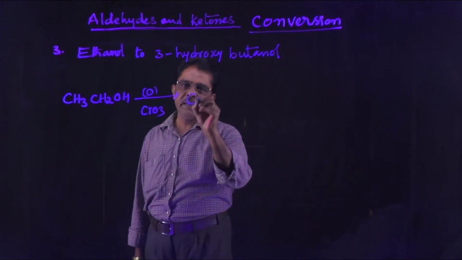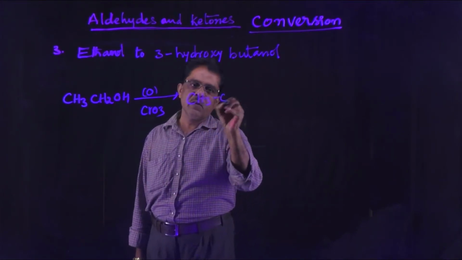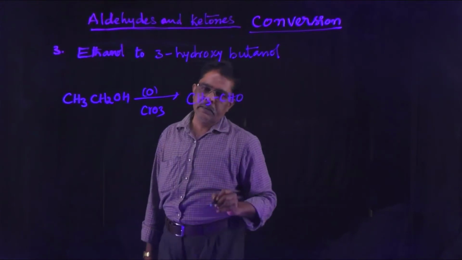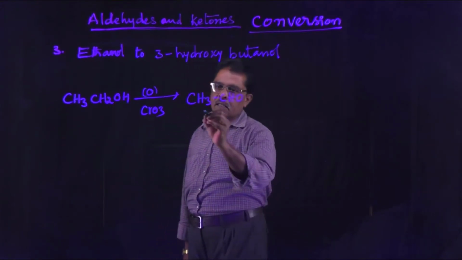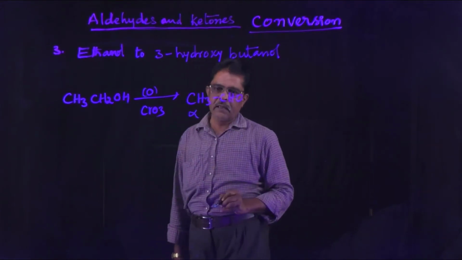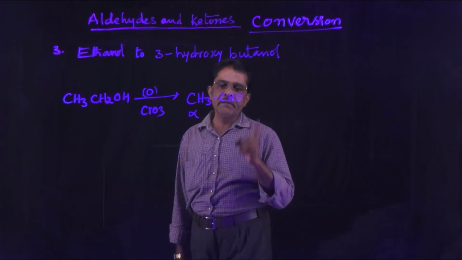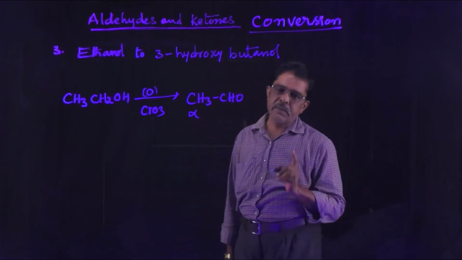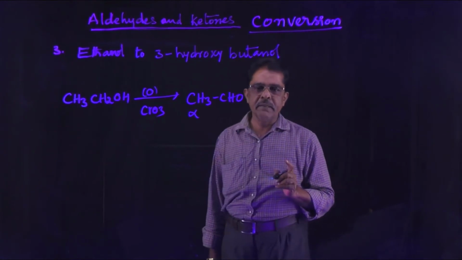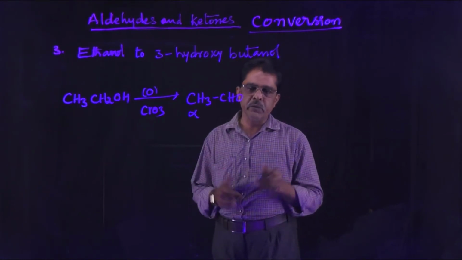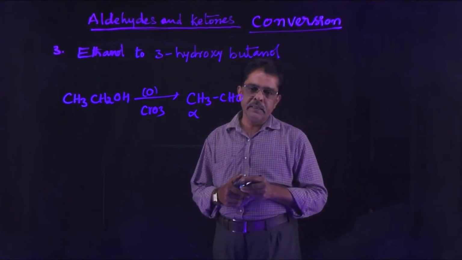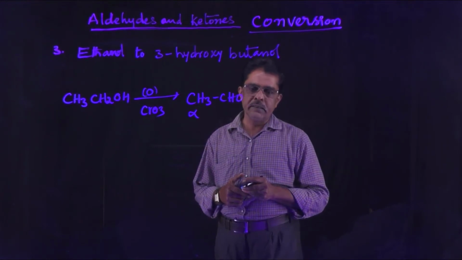Then you will get what here? Acetaldehyde is formed. This acetaldehyde has alpha hydrogen atoms. Those aldehydes having alpha hydrogen atoms undergo condensation reaction, that is what? Aldol condensation reaction in the presence of base.